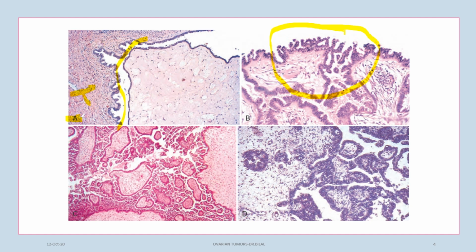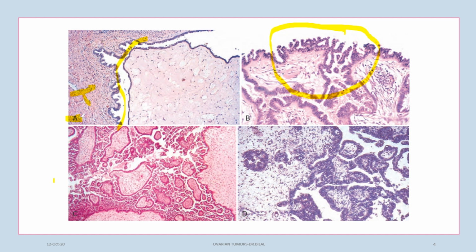These are divided into benign, borderline, and malignant tumors. Benign encompasses what is known as the serous adenoma, then there are borderline tumors like this one, and then there are tumors considered carcinomas, both low grade and high grade. We call them carcinomas only when we have, on sections, what is known as invasion.